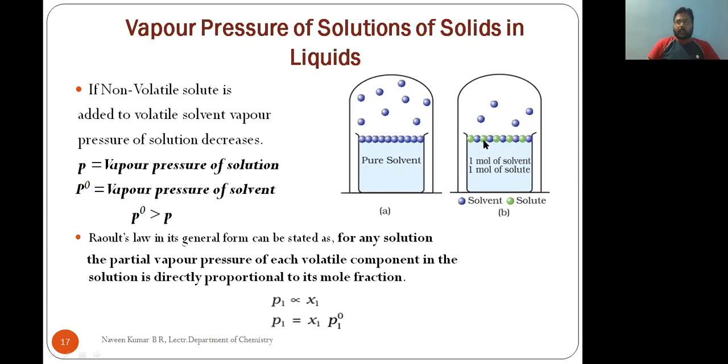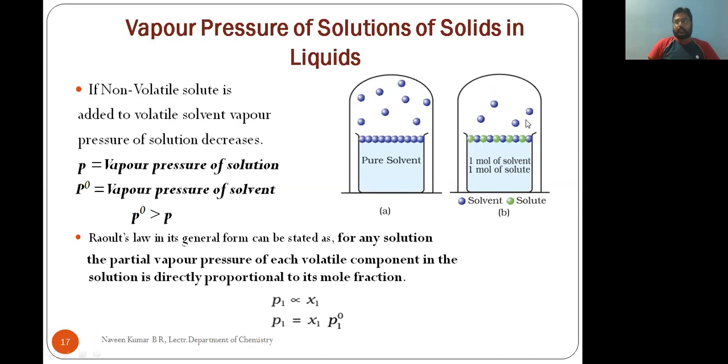The solute added to the volatile solvent is non-volatile in nature. Now in the vapor phase you cannot see any solute particles, only the volatile solvent particles are present in the vapor phase. As a result, a few of the surface molecules are replaced by non-volatile solute particles.